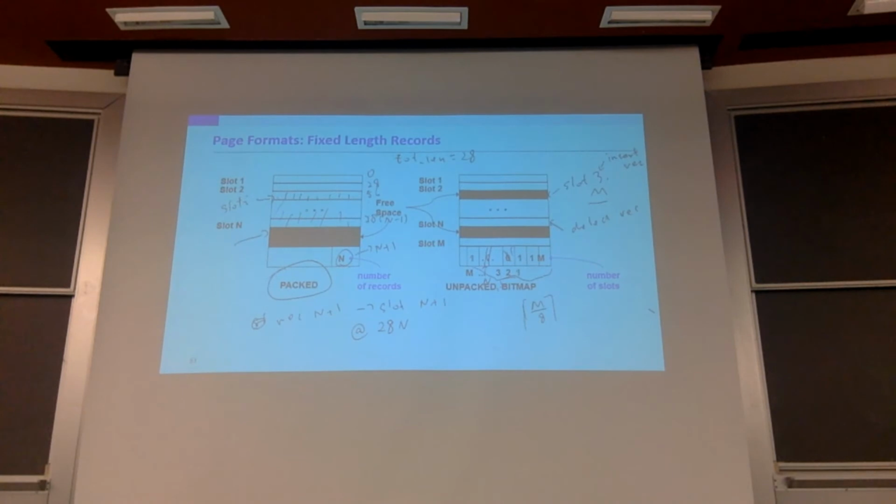So just a simple question. Suppose my page has 8 kilobytes. This is an 8 kilobyte page. How do you compute the m value? How many records can you store in the page?